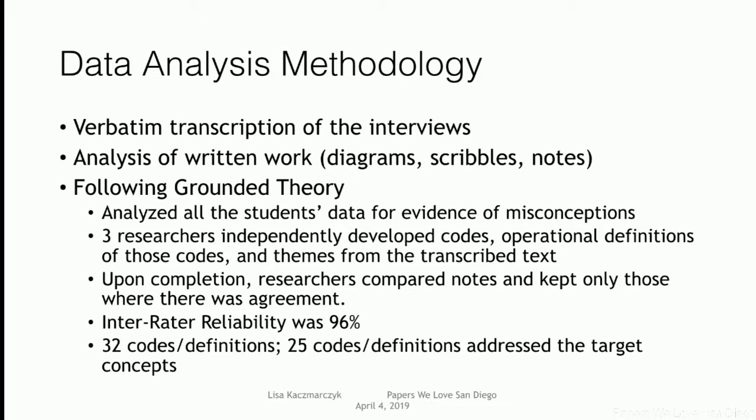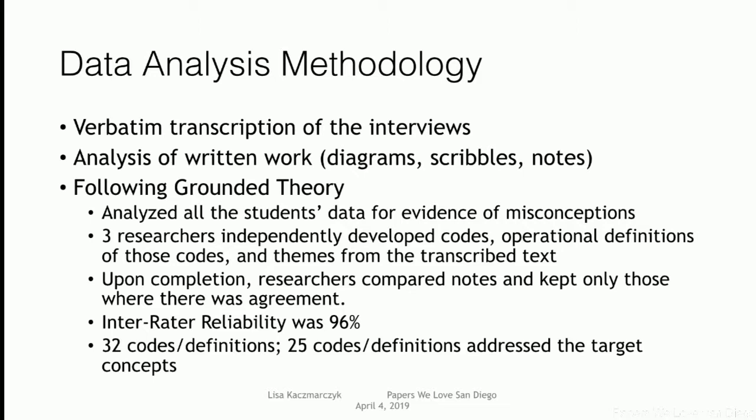But the three researchers each basically analyze all of the interviews independently until they're satisfied they've caught everything, and then they come together and they compare what they've done. And you go through a process where the things that they do not agree on get thrown out, and you end up only keeping those identified misconceptions that they all agree are there. Okay.